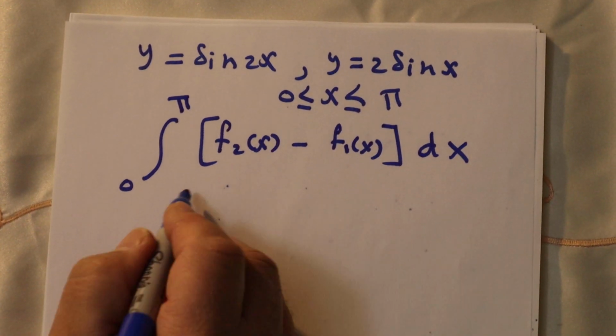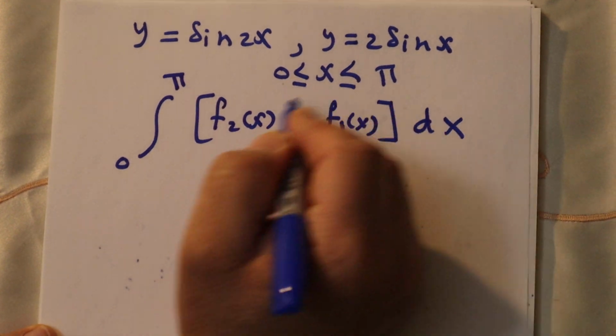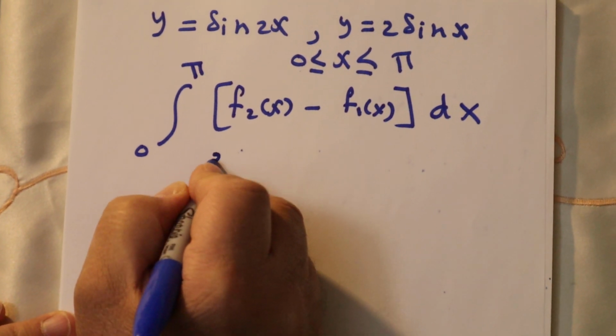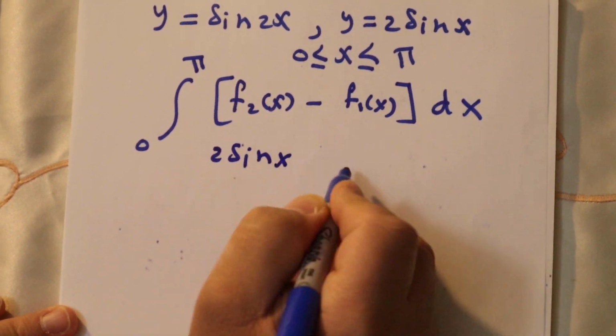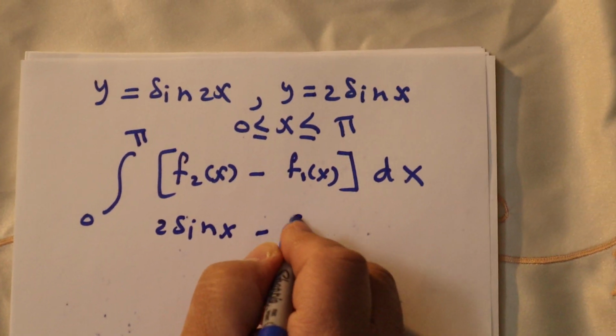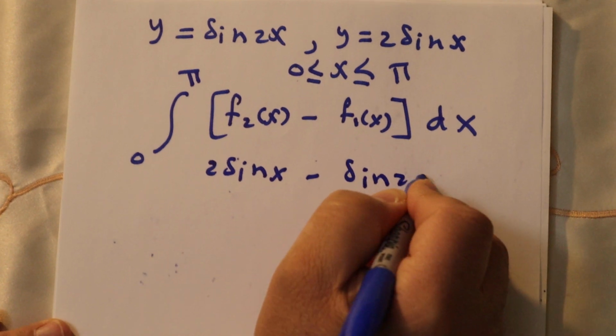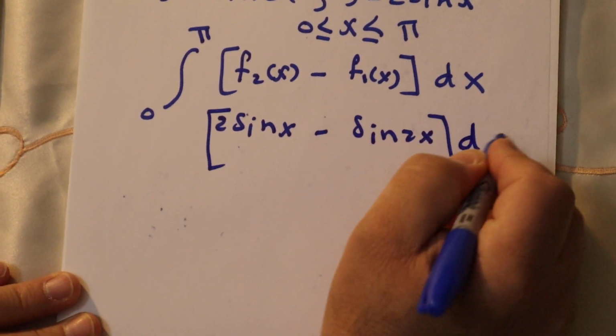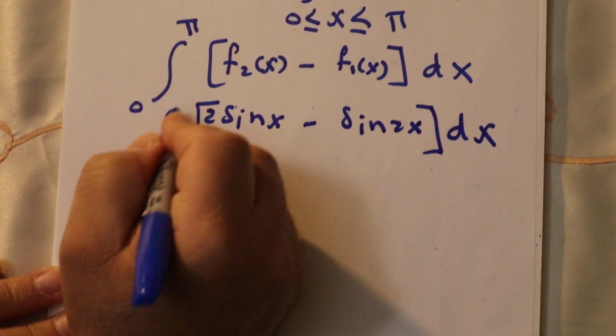So the second function is 2 sine x. We integrate 2 sine x minus the first function, which is sine 2x, with respect to x, and the integral will be from 0 to pi.